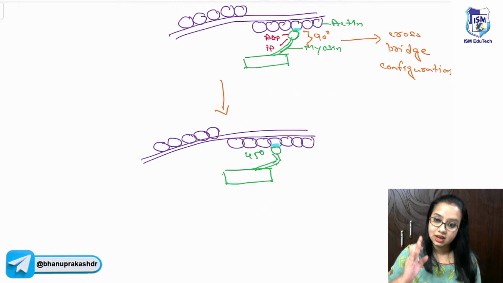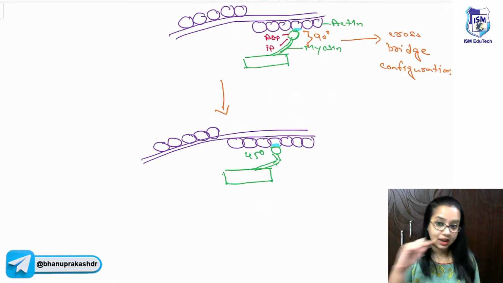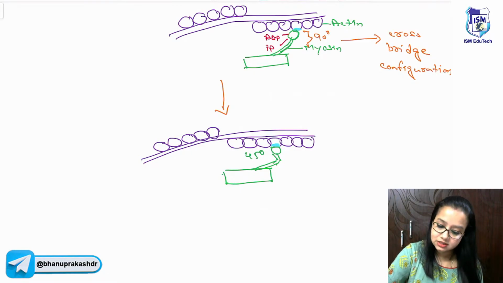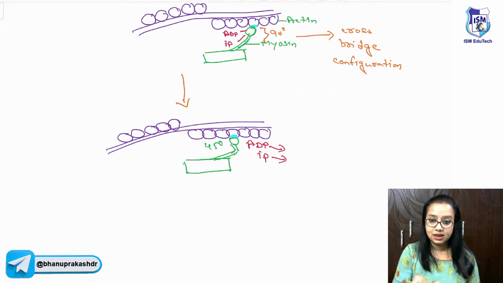Now, when the neck was bent into a 45-degree configuration, the actin is lying as it is, but the myosin has bent its neck and at an angle of 45 degrees it is touching the actin. This is the stage when the ADP and IP dissociate, they get detached.